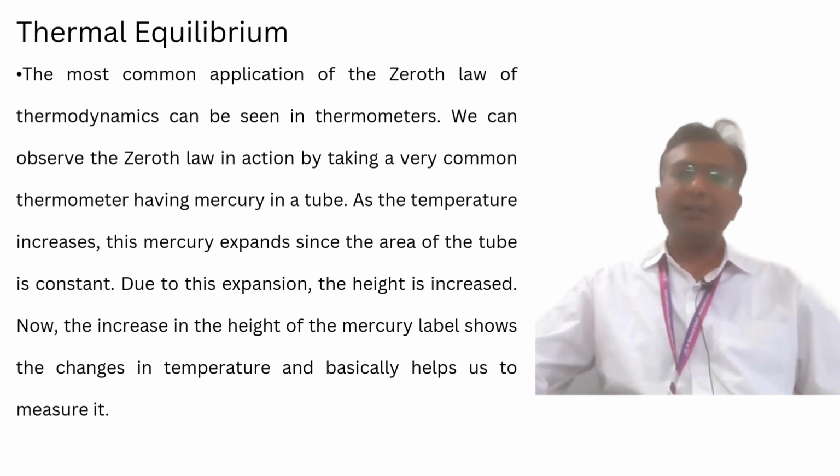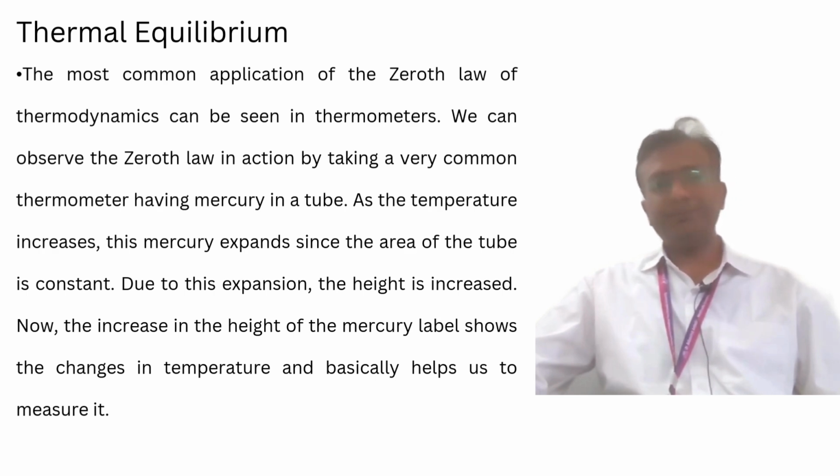As the temperature increases, the mercury or alcohol expands, rising in the calibrated tube. As the temperature decreases, it contracts, falling in the tube. The height of the liquid column is then read against a scale to determine the temperature.